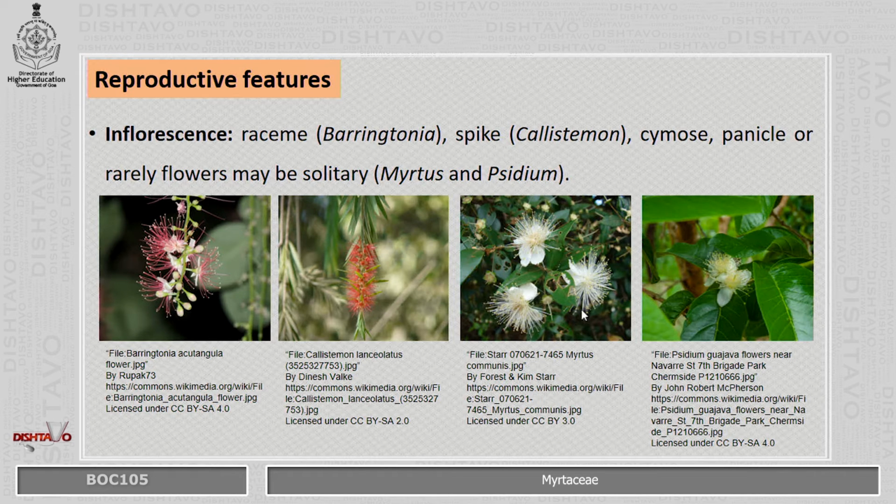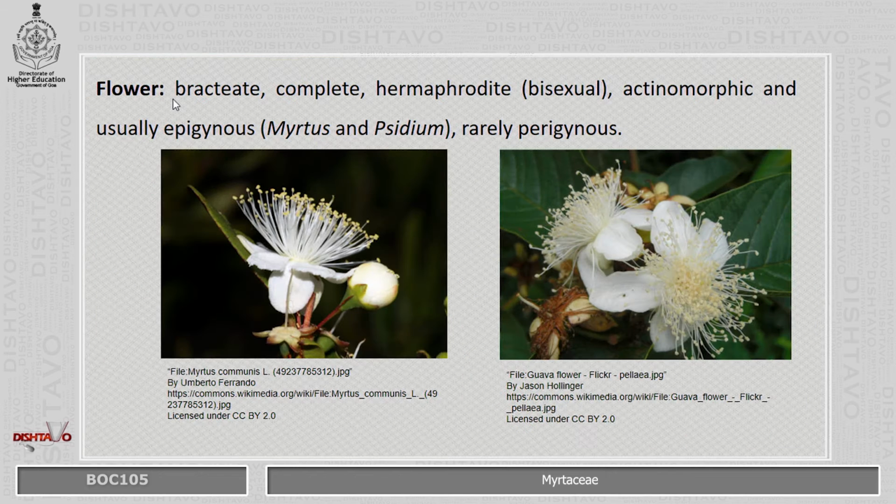In the flowers of Myrtus and Psidium, you can see the flowers are solitary. Bracteate flowers, they are complete, hermaphrodite meaning bisexual, actinomorphic and usually epigynous in case of Myrtus and Psidium. Sometimes they are perigynous also.